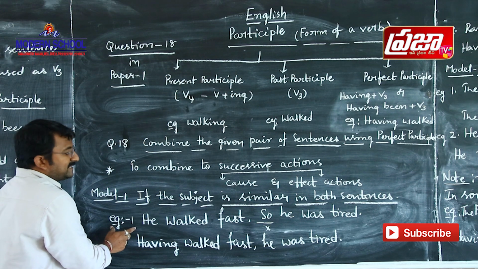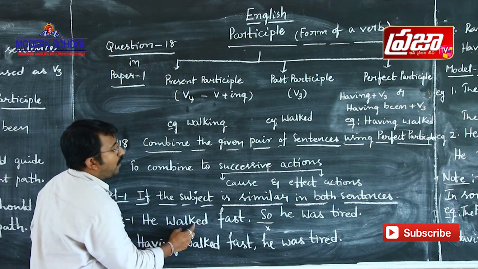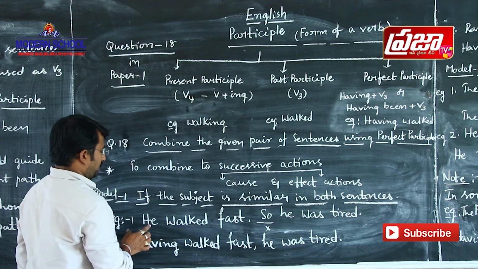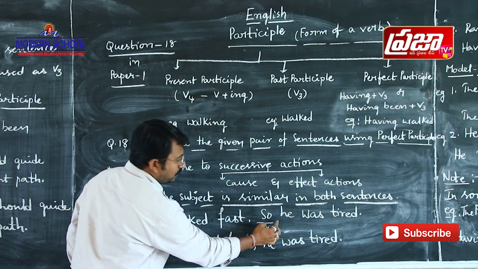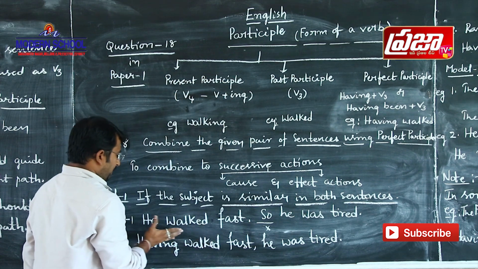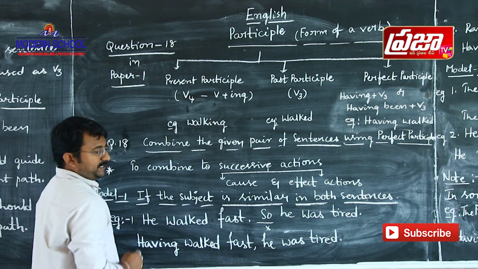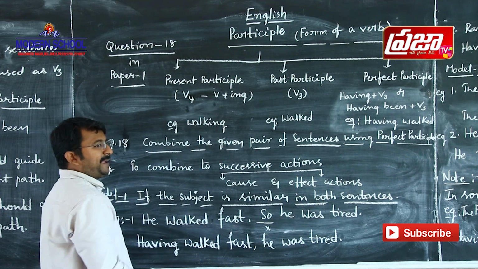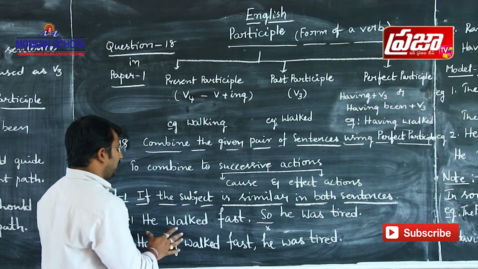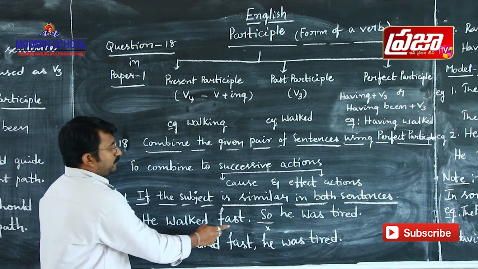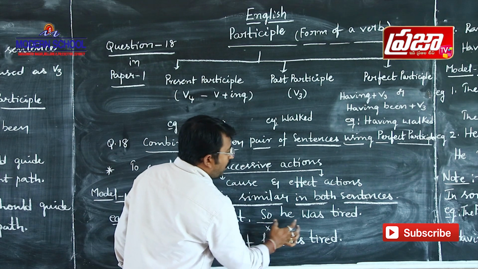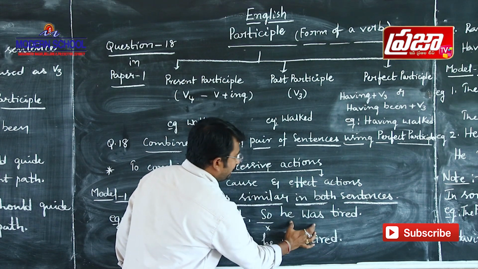Here I take this example: he walked fast, so he was tired. He walked fast is one sentence, so he was tired is another sentence in the given pair of sentences. Here, he walked fast refers to the cause, and so he was tired refers to the effect.